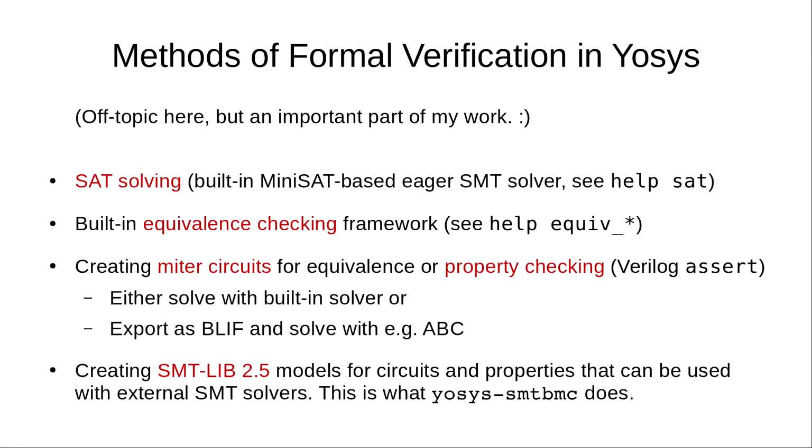I actually use this quite a lot when doing larger FPGA designs, where you have to instrument them with something like an on-chip debugger, and you can only have so many signals that you look at. So you end up with a debug trace that says something like, oh, this signal is high and this signal is low in that time step. And you wonder, how is this even possible?